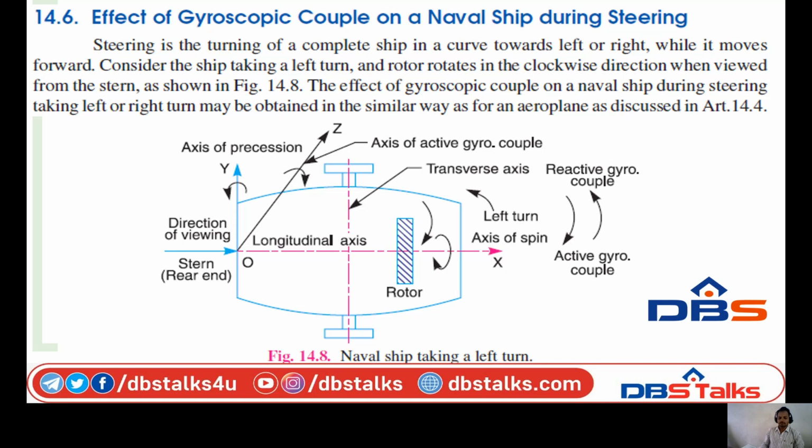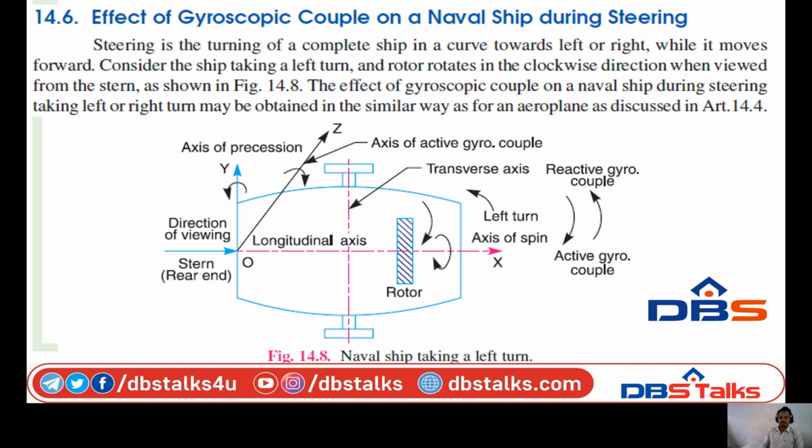So the rotor of the ship is rotating in clockwise direction, since we have to go for a left hand direction. We have to rotate the steering in the clockwise direction when viewed from the stern.